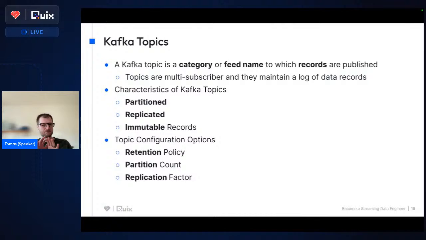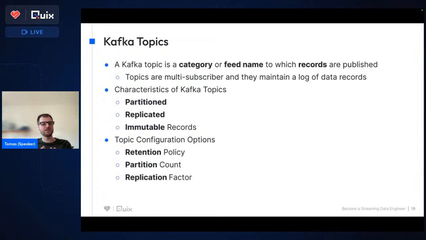Kafka topic is the main thing in the topology of a broker technology. It's a feed name or category of your data. Good practice is that each topic has one data schema, but you will find out that that's not always the case, but it's a good practice. You can enforce that with schema registry as well.